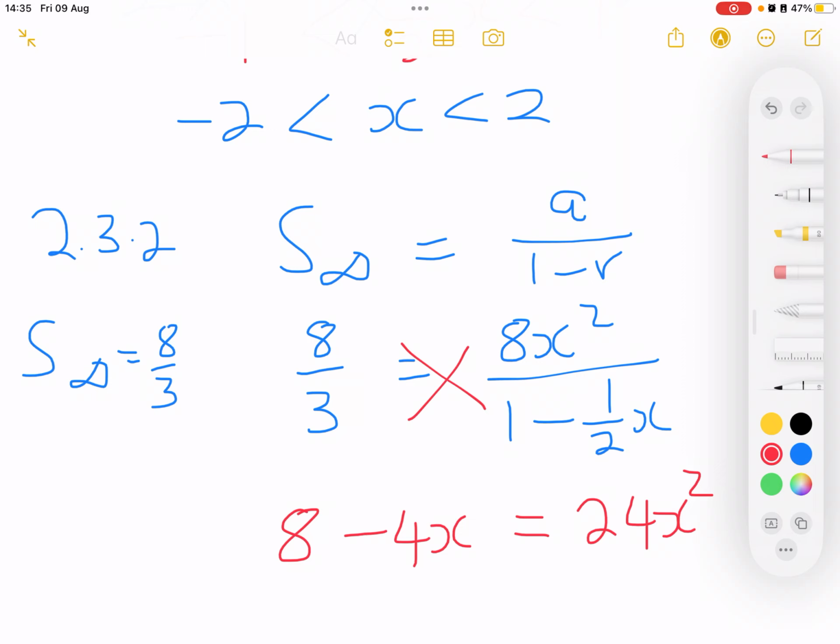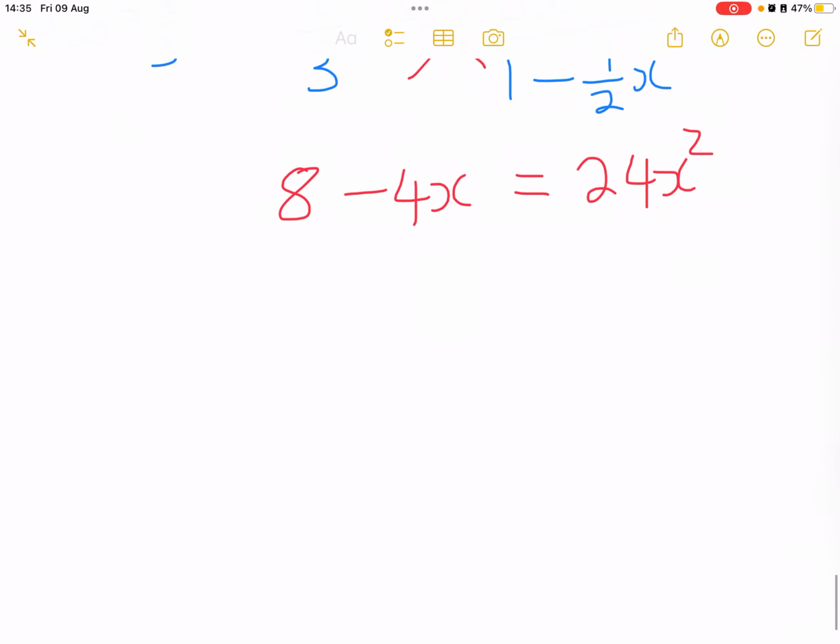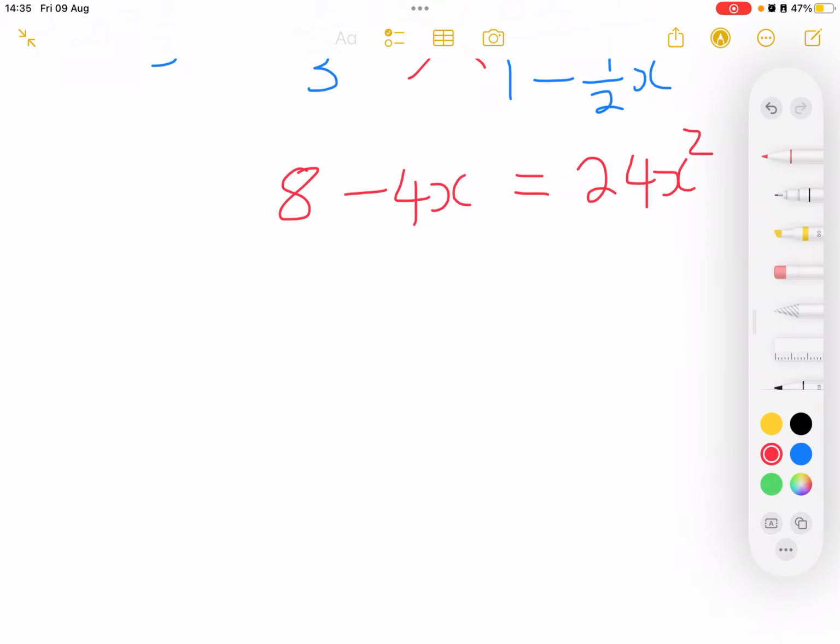Then this looks now more like a quadratic equation, and we have to simplify it. We can take everything from the left hand side to the right hand side, such that we will be left with 0 is equal to 24x squared plus 4x minus 8.